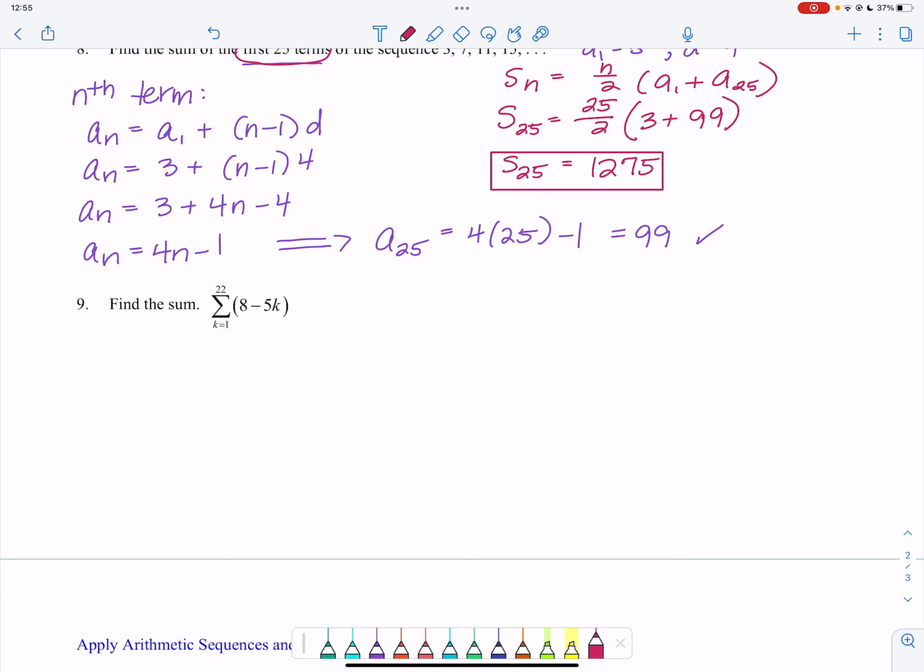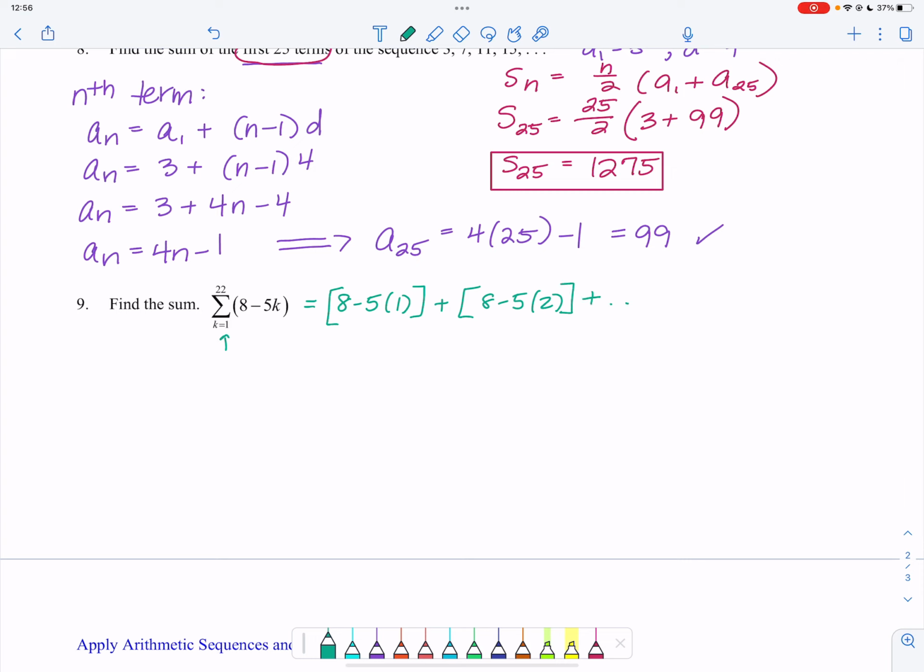Let's just write down what this means to make sure that you understand this. K is equal to 1 when we begin. So our first term is 8 minus 5 times 1. And then the next term is 8 minus 5 times 2.